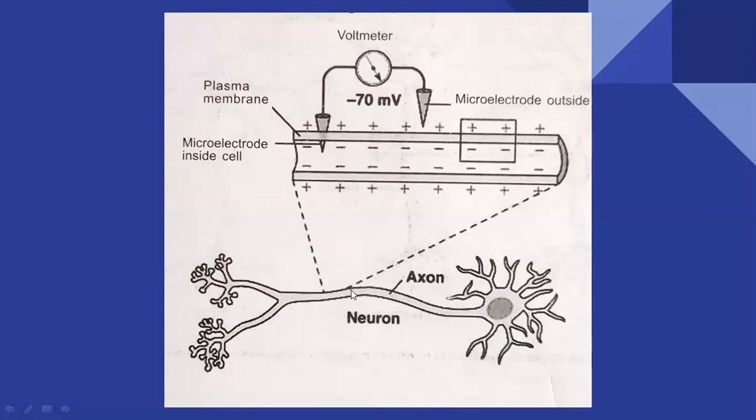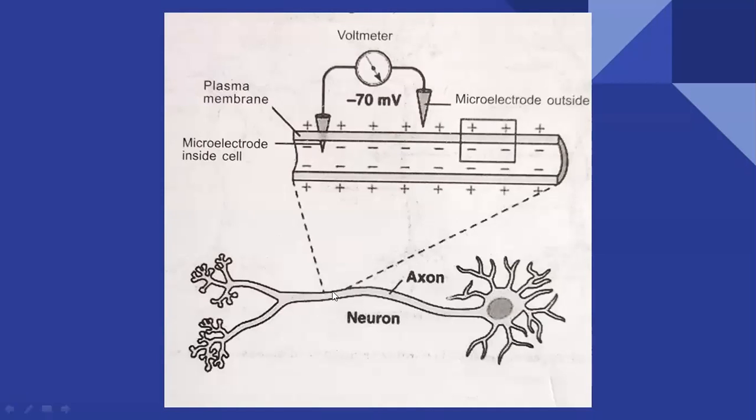When the neurons are in action, the potential changes. When the neuron is not doing work, minus 70 millivolts of potential will be there. As the neuron is at rest, this minus 70 millivolts of potential is called resting potential.